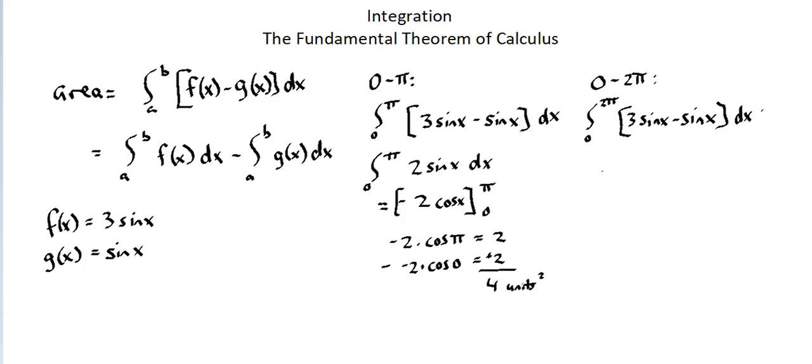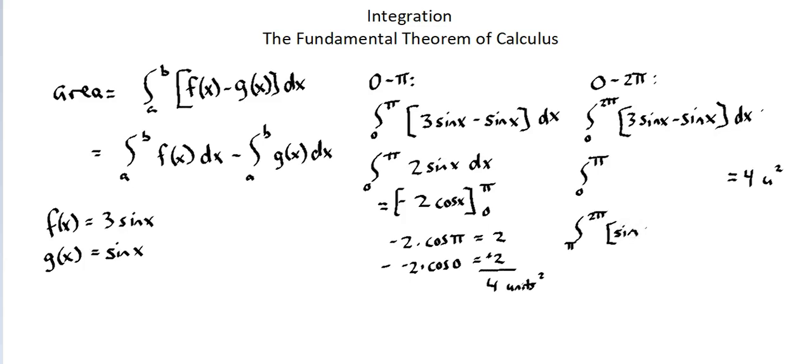So I'll split my integration. I know from 0 to pi that I have a value which I've calculated in the center of the screen as 4 units squared. Now what I need is my calculation from pi to 2 pi. And in this case, I'm going to reverse the order of the functions.